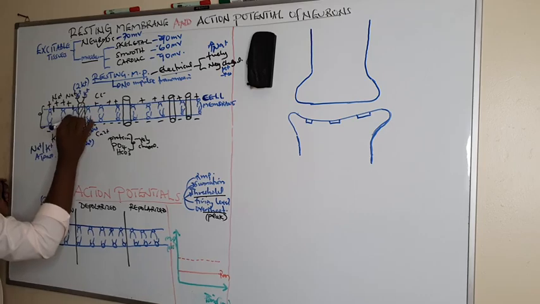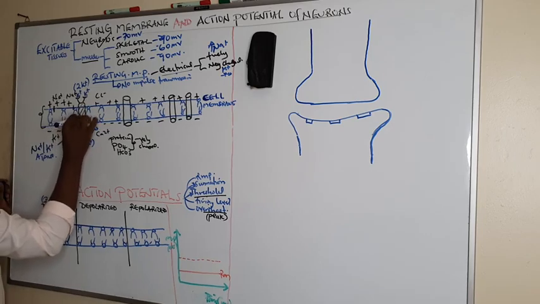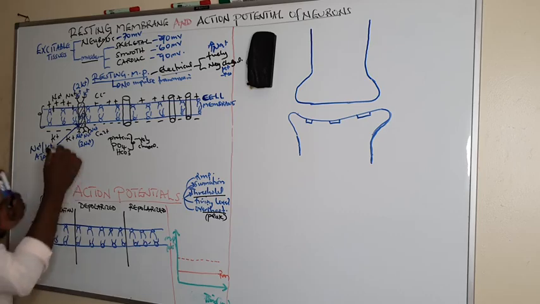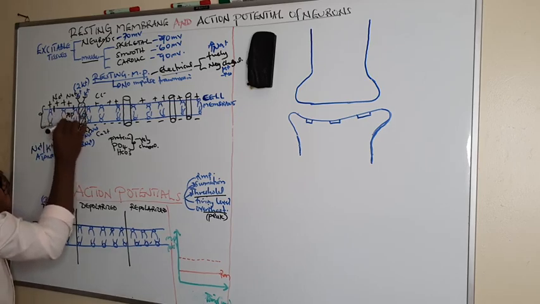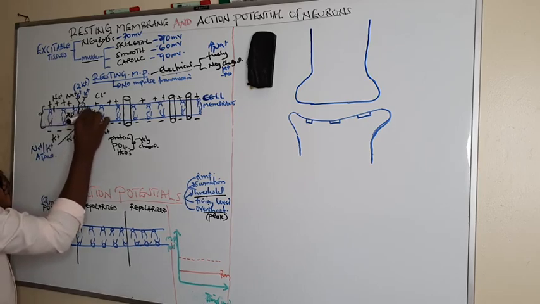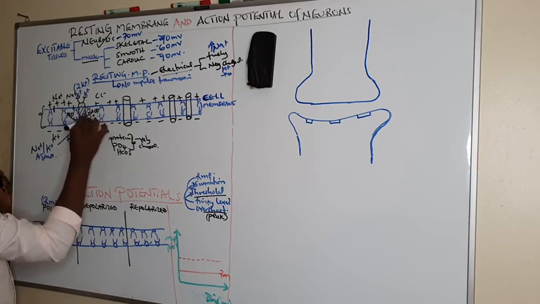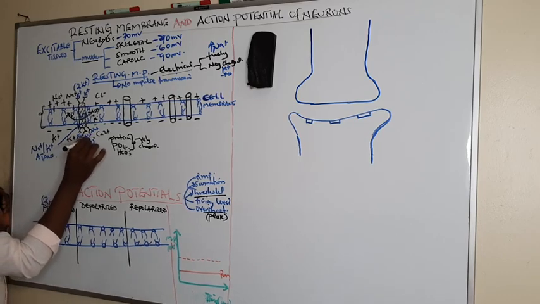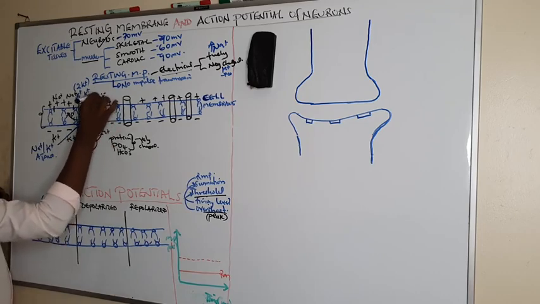So in the presence of energy, in the form of ATP, during hydrolysis of ATP, whereby ATP is hydrolyzed to ADP plus inorganic phosphate, the energy created is going to spin the three sodium ions which are inside on the receptors, and they pump them out.